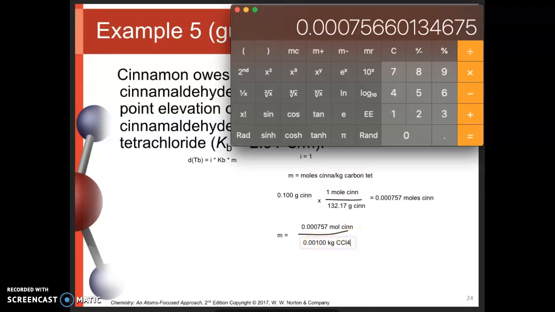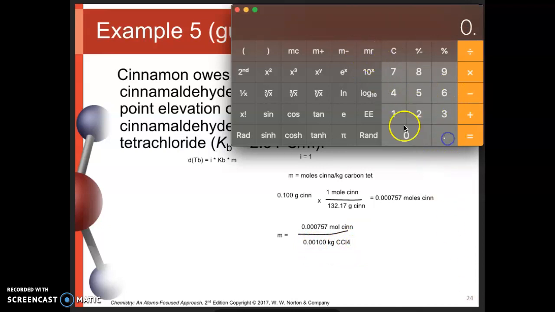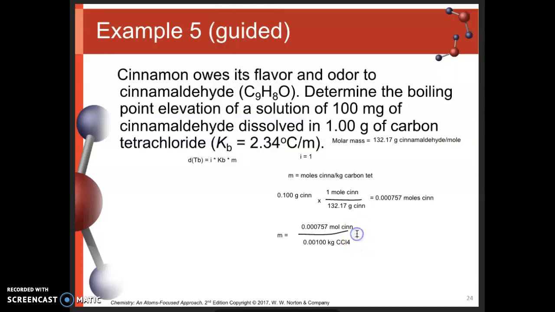And so taking 0.000757 divided by 0.001, I would get a mole concentration of 0.757 mole cinnamaldehyde. So there's my molality. I've now got a value for I, a value for Kb.